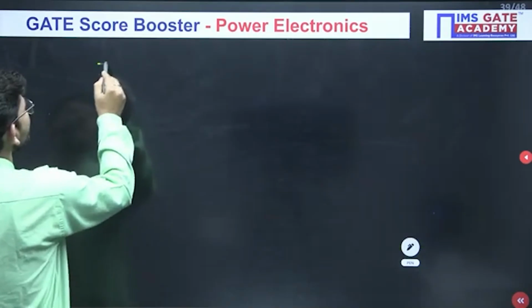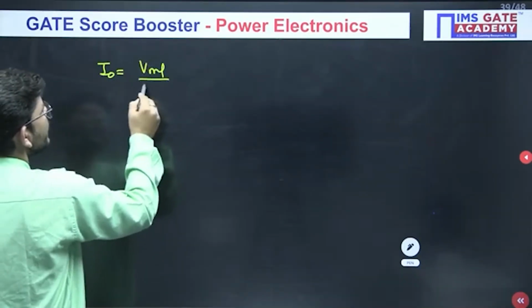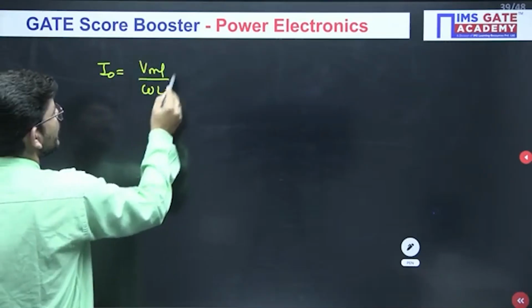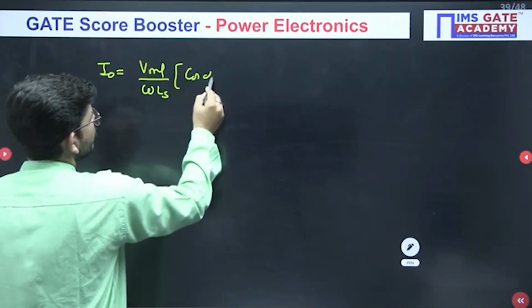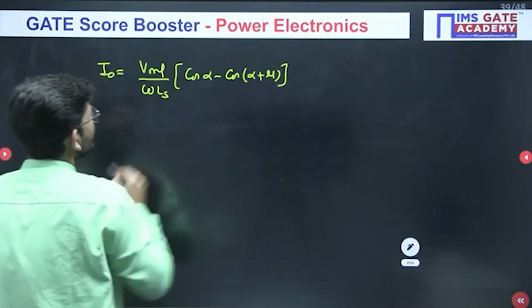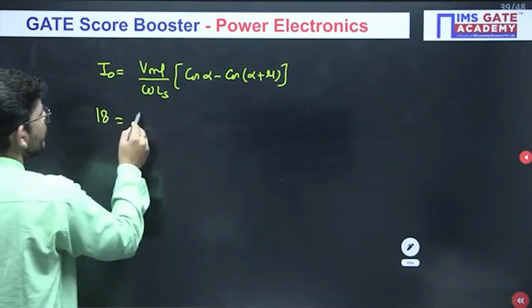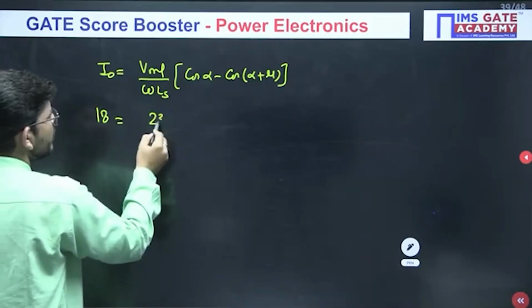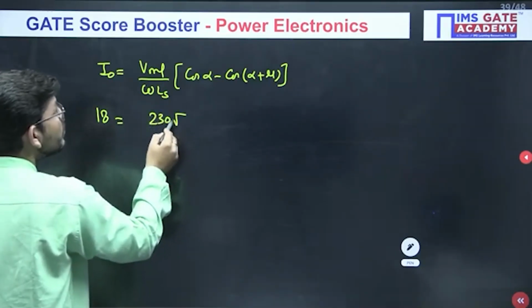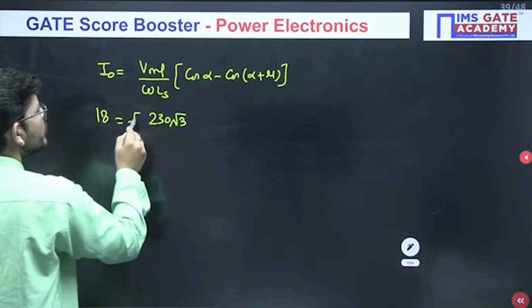Now you know that we are aware of one equation related to current, which is VML upon omega LS, times cos of alpha minus cos of alpha plus mu. Now put the values here as well. I naught is given 18. VML, first of all, you have to convert 230 phase voltage into line voltage by multiplying by root 3, and then you will multiply it with root 2.